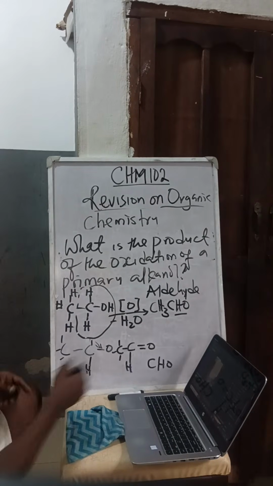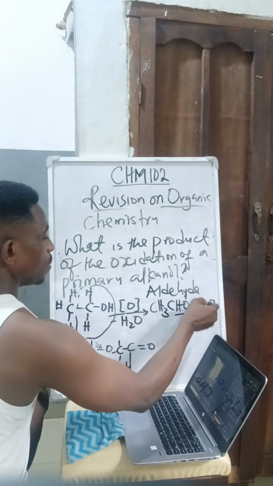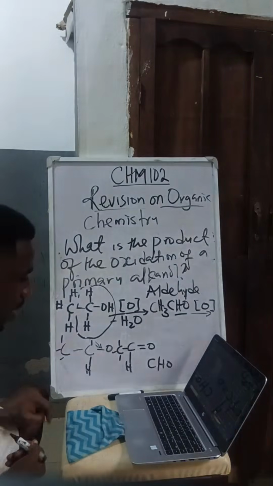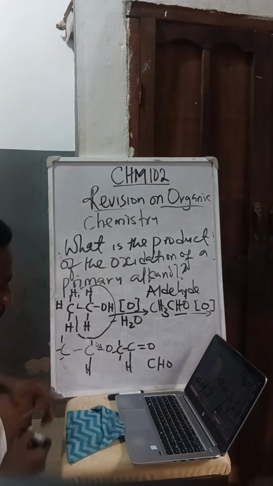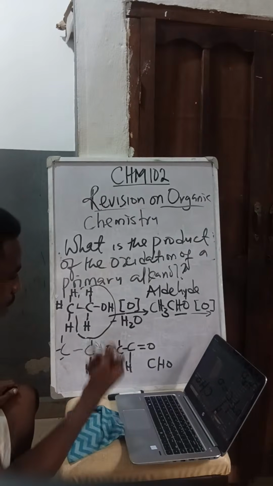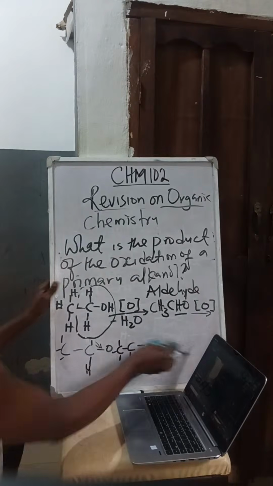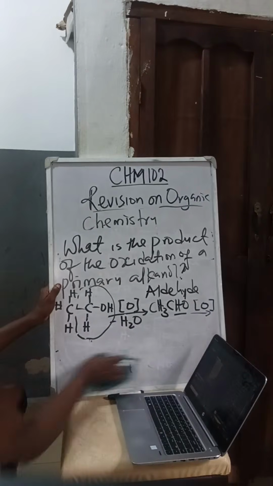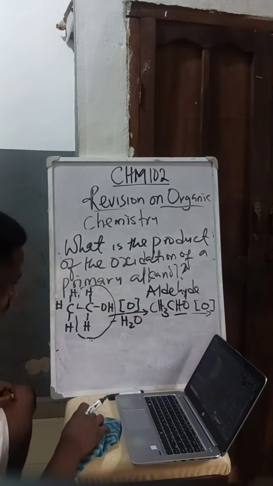And now, this also will further be oxidized. It doesn't end here on aldehyde. It will further oxidize to give us what? This time around, you add O to it.